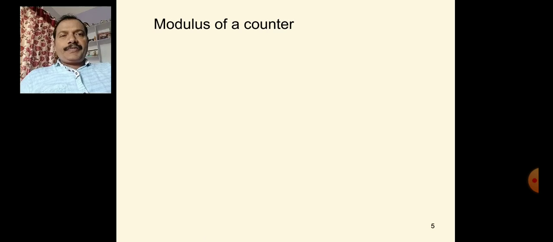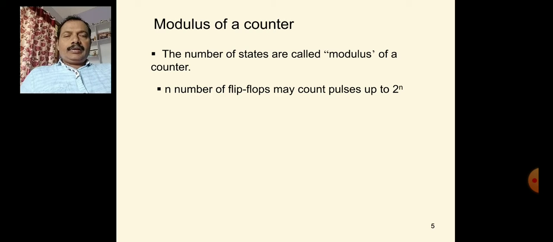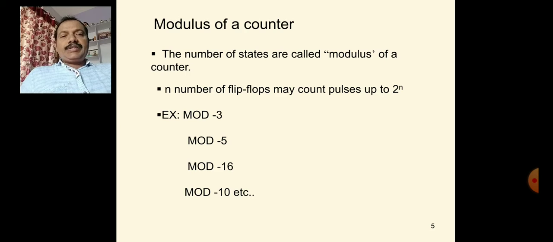So modulus of a counter. The number of states is called the modulus of a counter. So n number of flip-flops may count pulses up to 2 power n. So mode 3, that means modulus 3 counter. That means this counter will count up to 3 clock pulses.